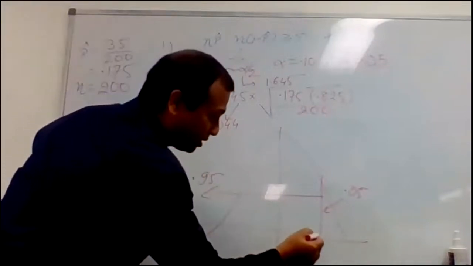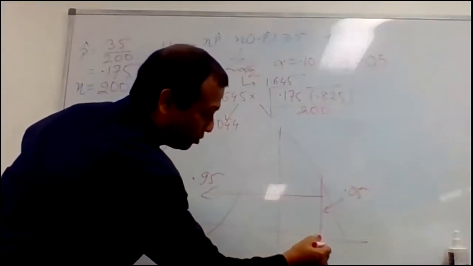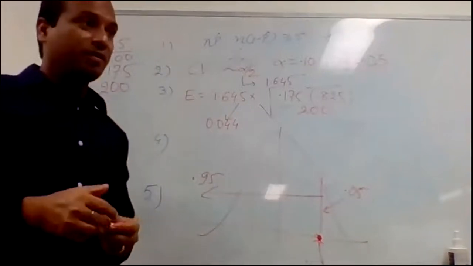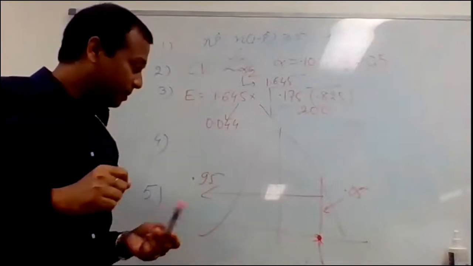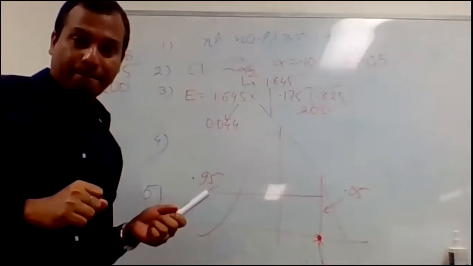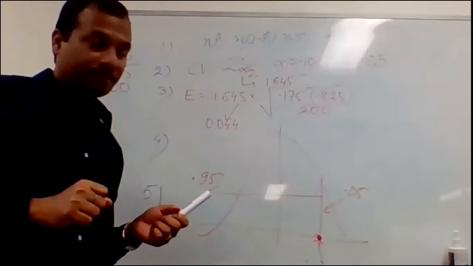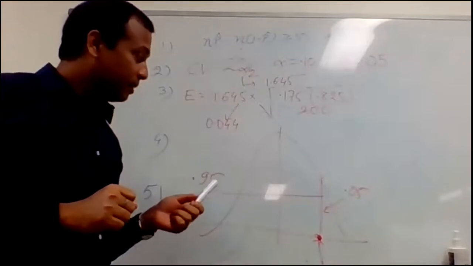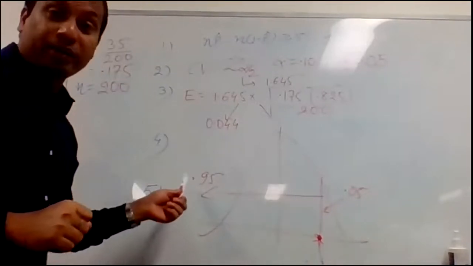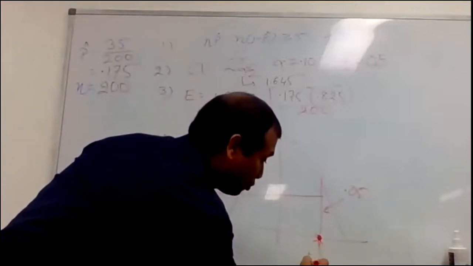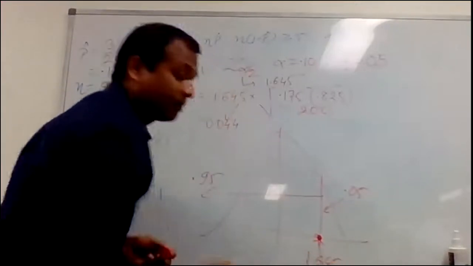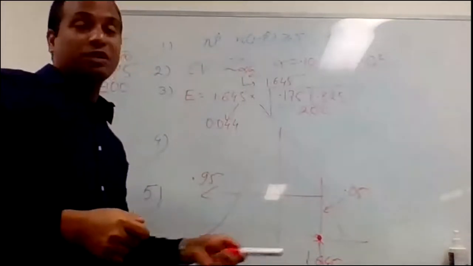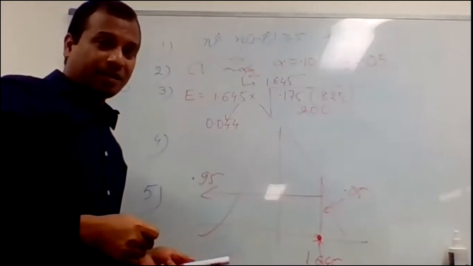Can you find the Z-score value using the Z-score table for the area 0.95? If you use the Z-score table for the area 0.95, it will give you the Z-score 1.645. And that was your question, how you get the 1.645. Is that clear?